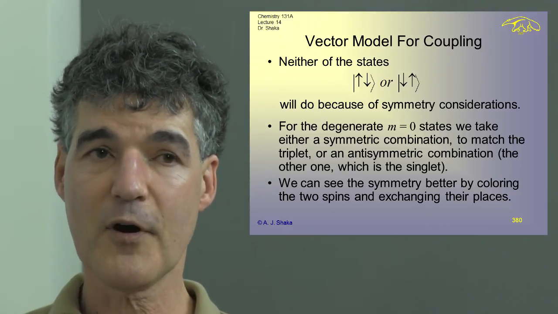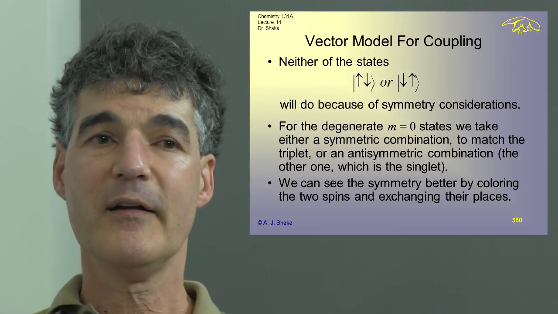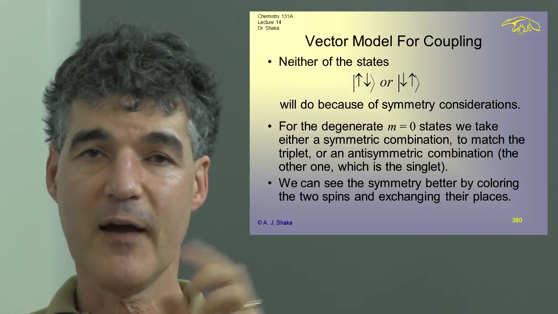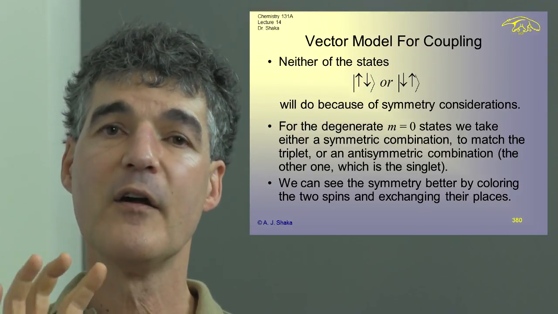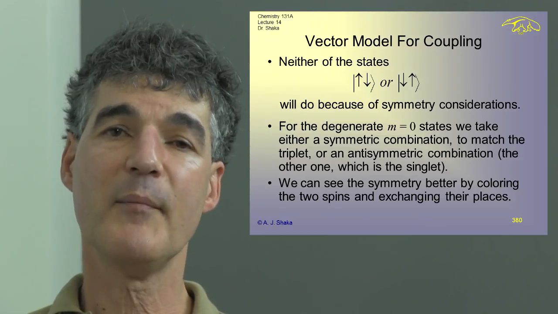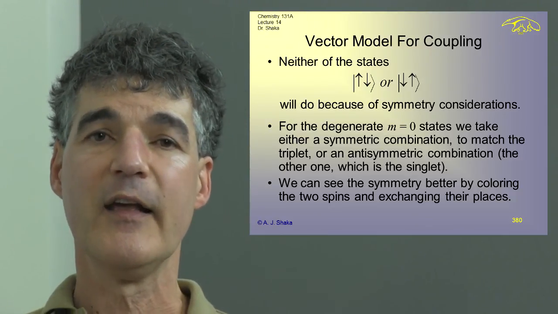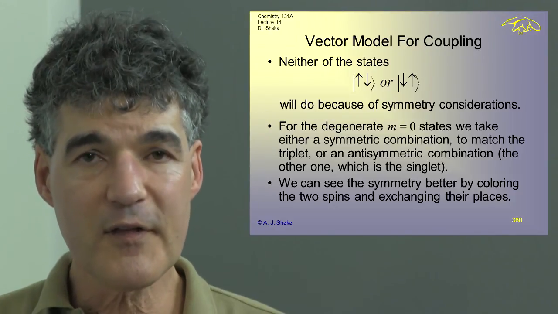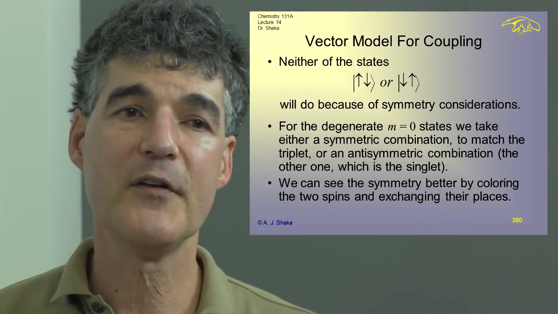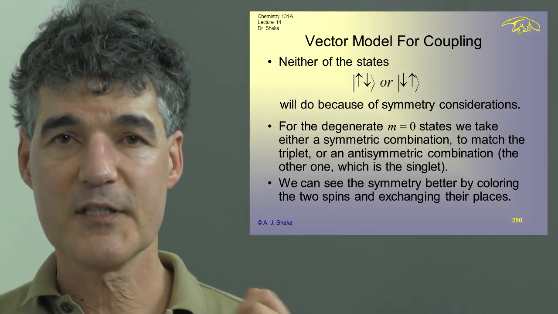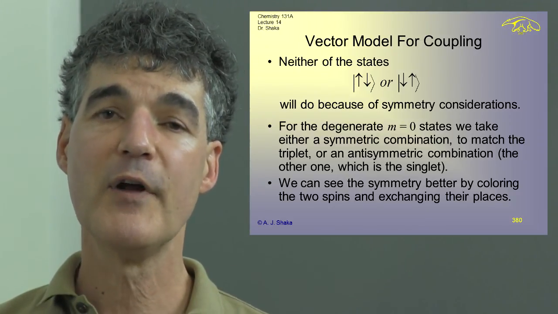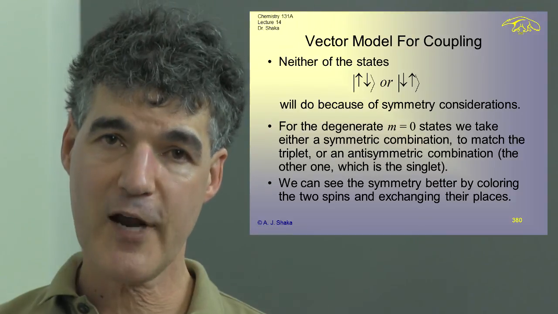Otherwise, it doesn't work. Therefore, we have to take a combination of up-down and down-up such that when we swap them over, we get the same thing as the m=0 state of the triplet. Unless you've seen how to do this, it's not so easy to figure out. But let's explore this symmetry by artificially coloring the arrows red and blue. That way we'll keep track of them.